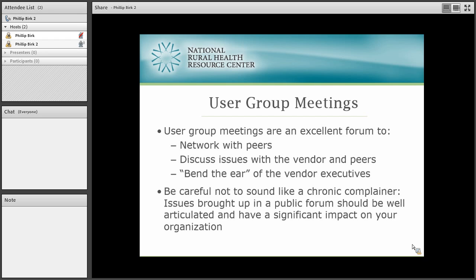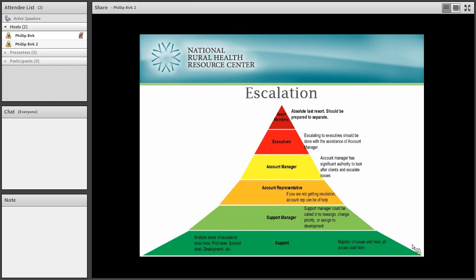I know with our regional extension center, we have in Minnesota a peer group with a vendor that has monthly calls, and it's been extremely beneficial for both the vendor and those hospitals, because the vendor has learned about some issues that they didn't think were very high priority, and they learned why they were priority. And it really did come down to those competing axes on that matrix I showed you.